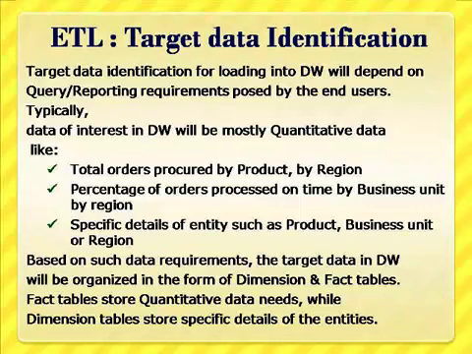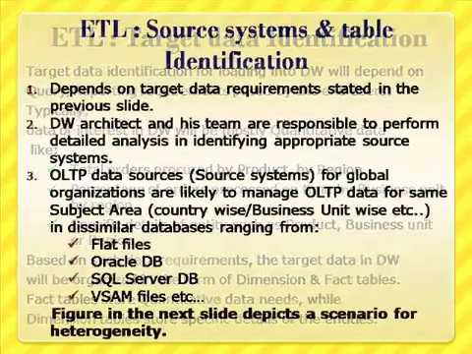When it comes to specific details of entities such as the product or business unit or region, these are available in the dimension tables. Fact tables store quantitative data, while dimension tables store specific details of entities.